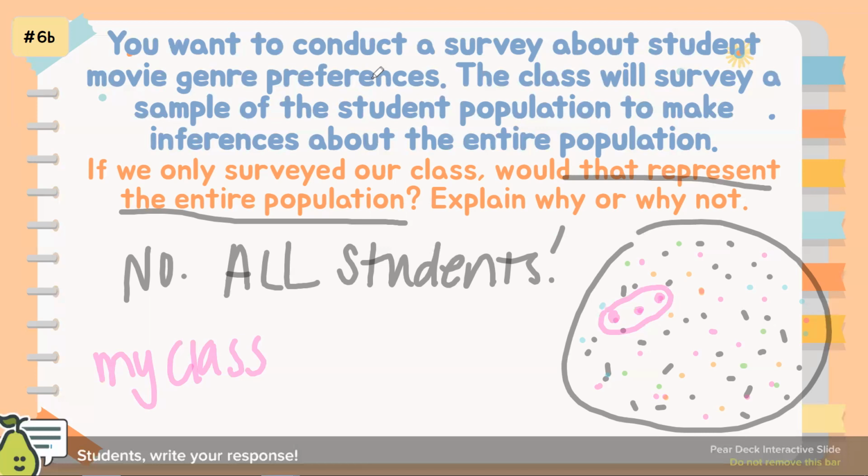Remember, all schools, all grades, everything is what we want to make an assumption about. So just surveying our class would be a very small part of the all student population. We cannot make conclusions about all students with just our data. It would most definitely be a biased survey if we only asked our class what their favorite movie genre preferences were.